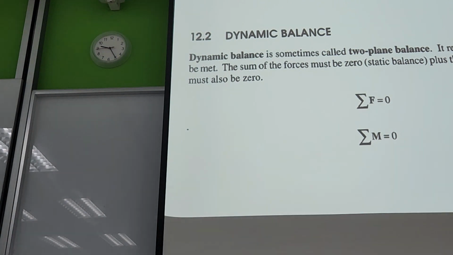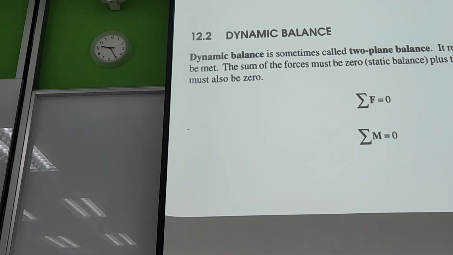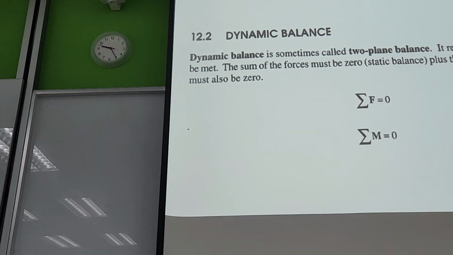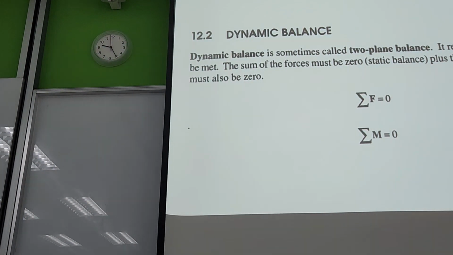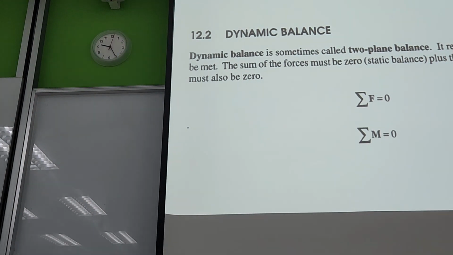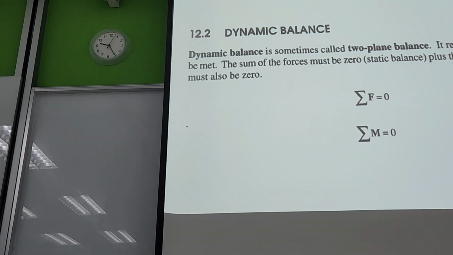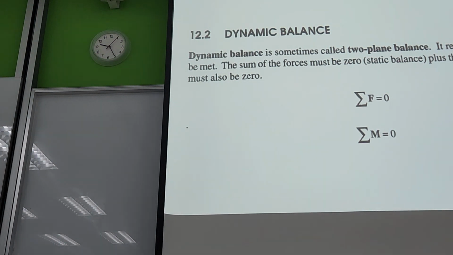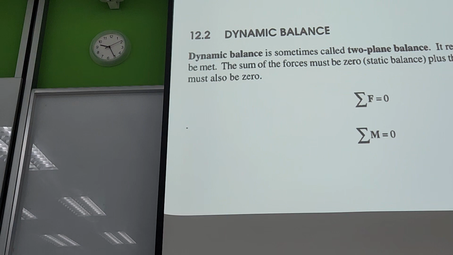Okay, so the next part is, static balancing means you are only summing the total forces acting on the mechanism to 0. So you are balancing the force only. So now in two planes, when the system is moving in a plane, then not only the forces but also the moments need to be balanced. So that means you need to make sure that the sum of the moments acting on the system will be zero.